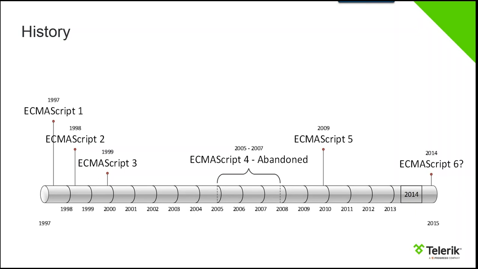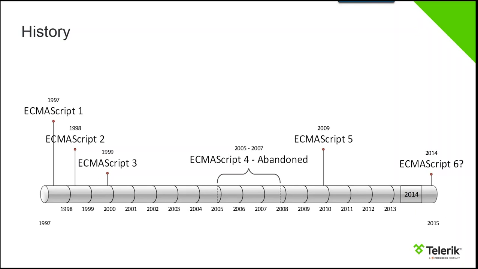Then folks from Microsoft, folks from Google, folks from Firefox said, let's release something called ECMAScript 3.1. Ultimately it became ECMAScript 5 in 2009. So they gave a little bump to 3, but 4 was abandoned completely.